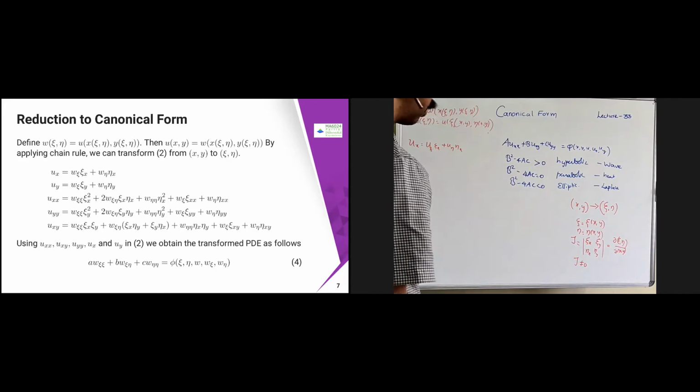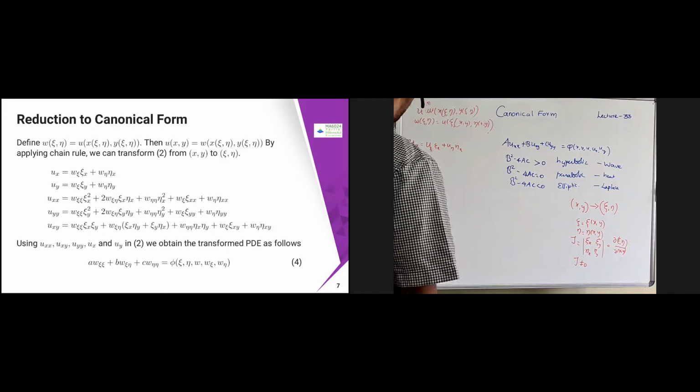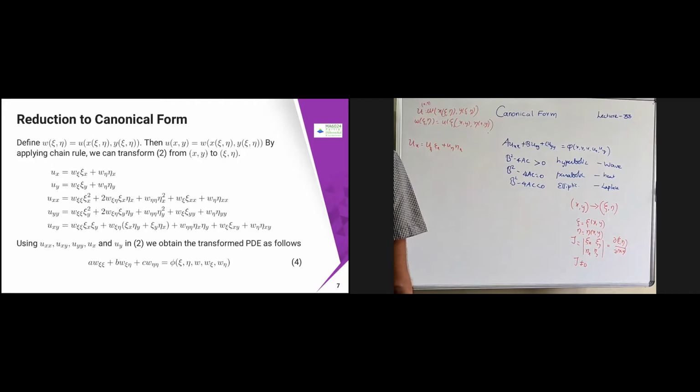Therefore, I can just write ux. ux is going to be like w chi times chi x plus w eta times eta x.